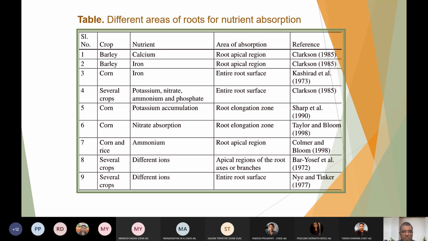These are some examples given by different people. For example, in barley, the area of absorption for calcium is the root apical region. So there is no hair here. The area of absorption is the root apical region. See barley again for iron, root apical region.